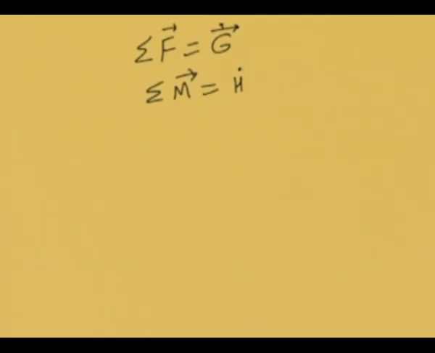This equation is also valid if the angular momentum H and the moment M are taken about a fixed point O, or the mass center, or a point which is moving towards or away from the center of mass.